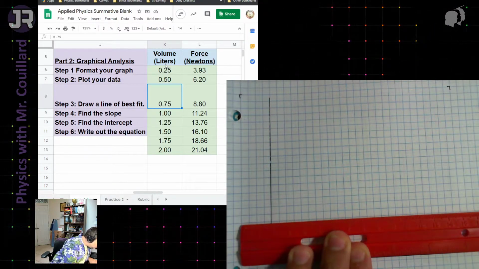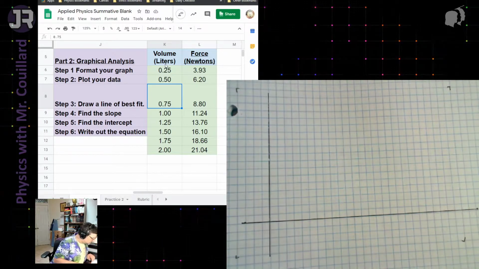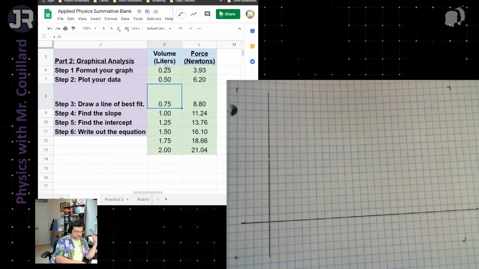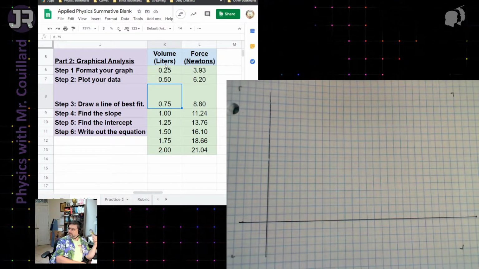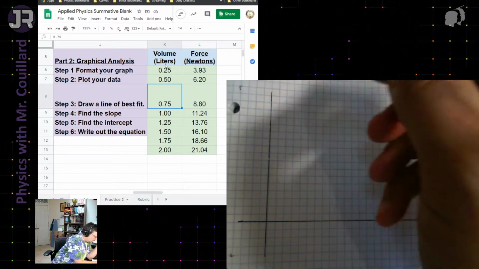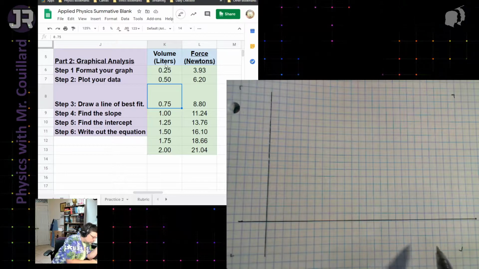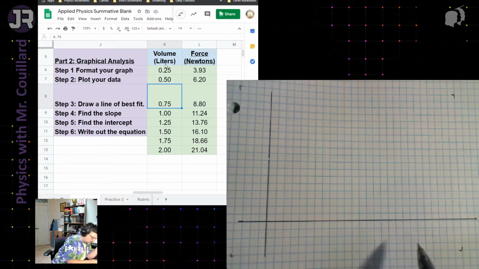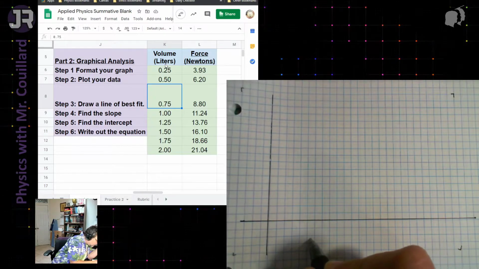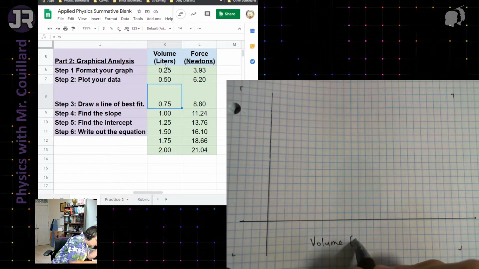I want to leave room at the top, because we need to give it a title. Our independent variable usually goes on the horizontal axis. So we're going to do volume in liters.